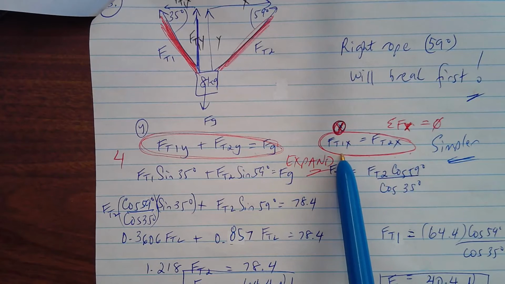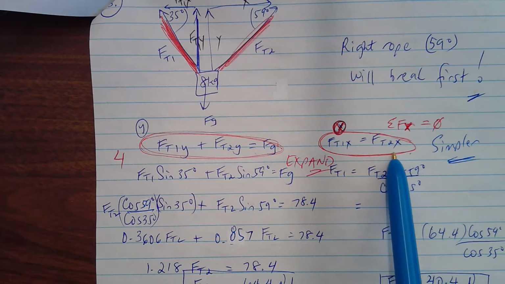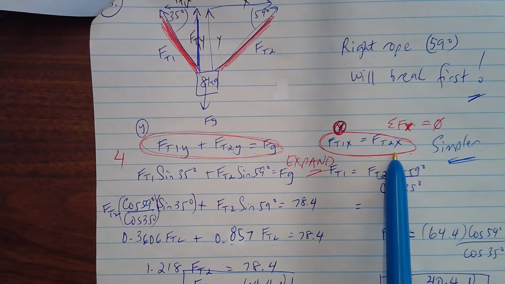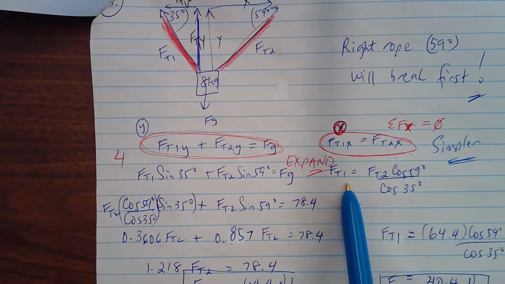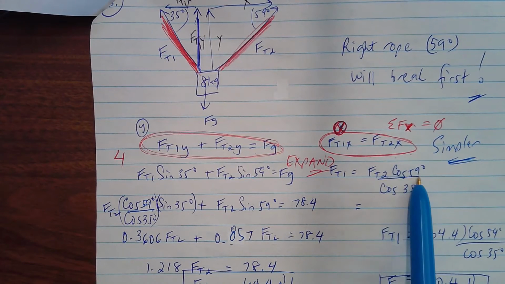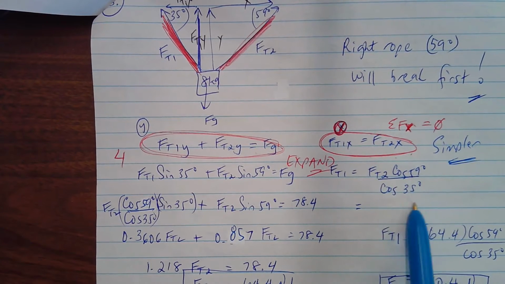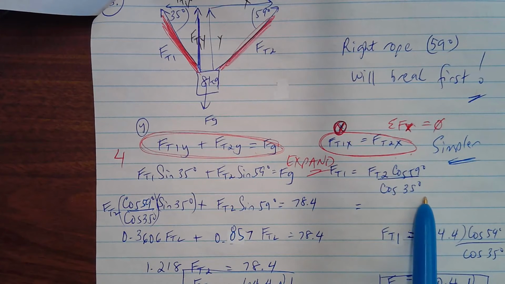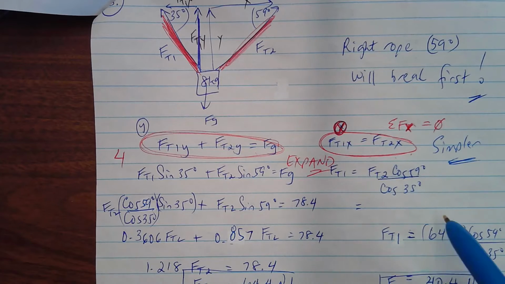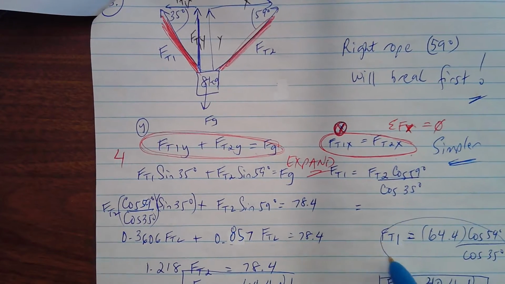You could isolate either FT1 or FT2. It does not matter. It's just by substitution that we do this. So I pick FT1. FT1 is FT2 cos of 59, which is angle 2, divided by cos of 35, which is angle 1. Okay? So that's my FT1 equation right here.